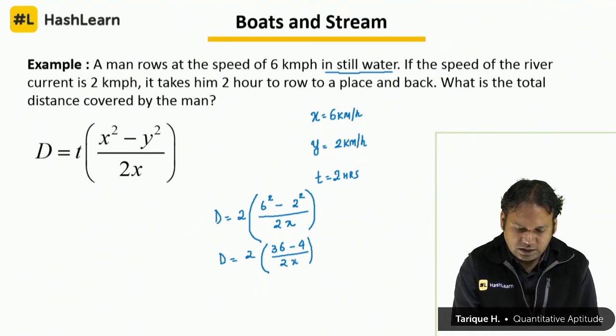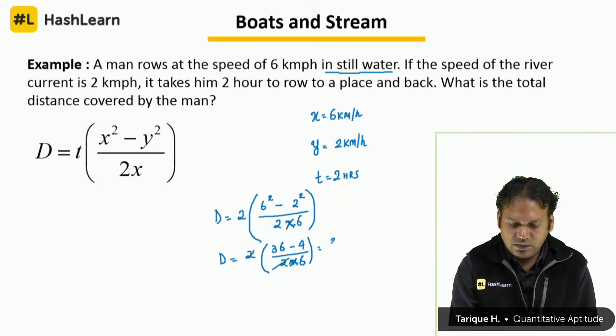So, 2x, the x is 6 here. So, 2 into 6, because x is 6, 2 will get cancelled, 32 by 6, 5.33 kilometers.